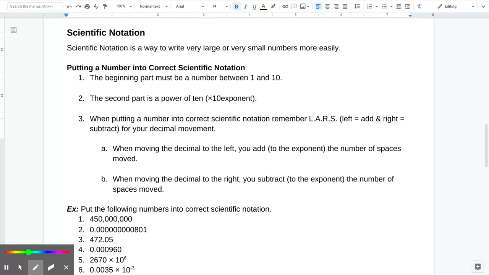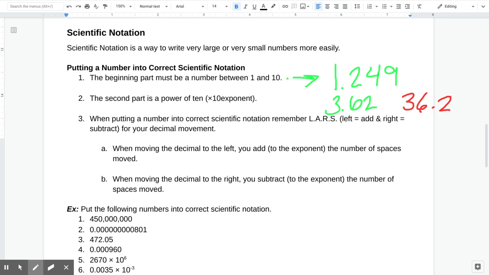Your number is supposed to look like 1.249 or 3.62. It's not supposed to be 36.2, and it's not supposed to be 12.49, because 36 is not between 1 and 10, and 12 is not between 1 and 10.